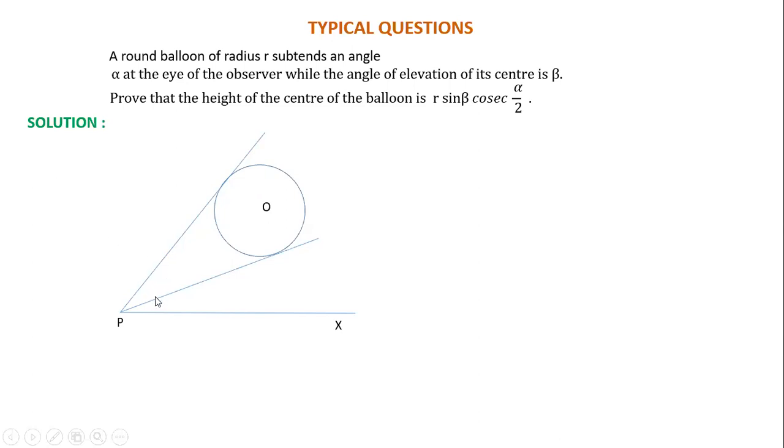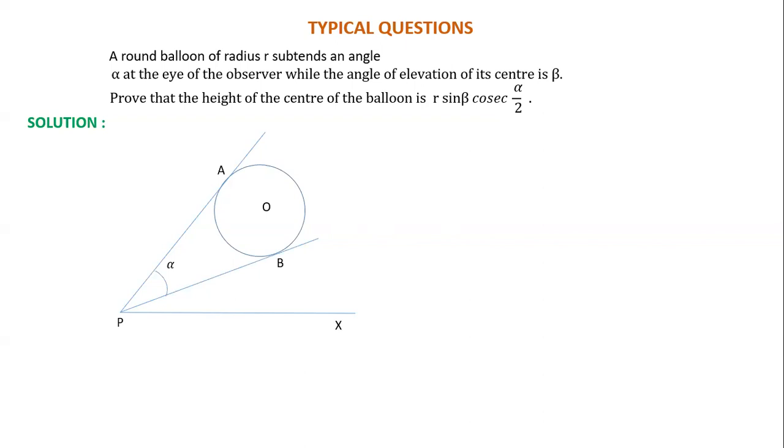The angle made by the eye of this person: say the point of contact here is A, and the point of contact here is B, and this angle APB is alpha. That is the angle made by the eye of the observer.